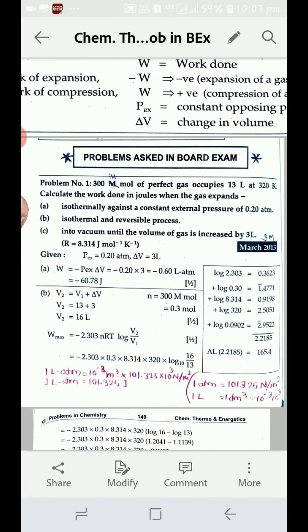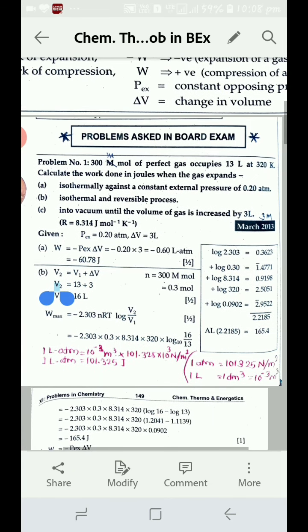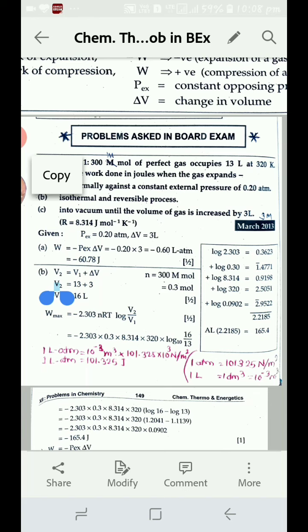Don't calculate the antilog of log 16 divided by 13. Simply take the log of 16 and log of 13, subtract the log of 13 from the log of 16, and multiply that value by 320. So your answer is minus 165.4 joule, because here your volume is in liter.